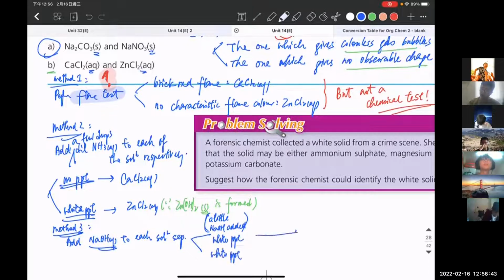But this time it's not enough. I would like to add excess NaOH to both cases. We've got two cases: white precipitate remains, and white precipitate dissolves.